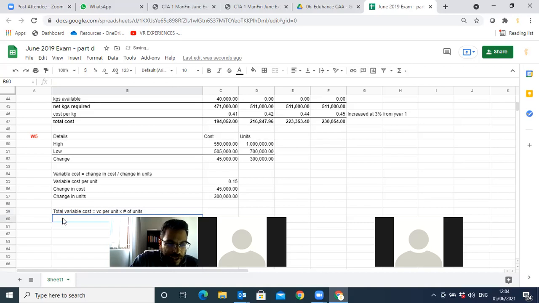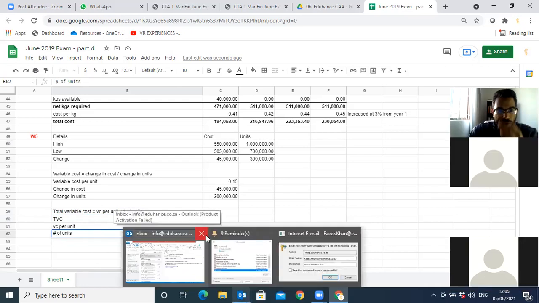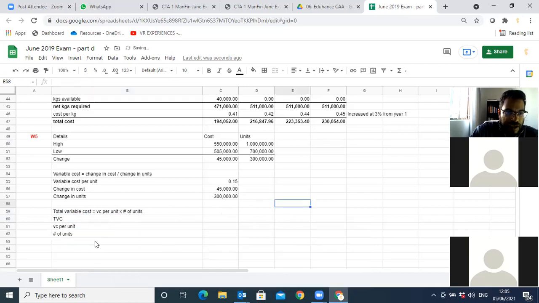Therefore total variable costs is going to be variable costs per unit times number of units. Remember, the number of units is based on the number of units we're producing. The number of units we're producing is basically equal to the number of units that we're going to sell, which is 730,000.